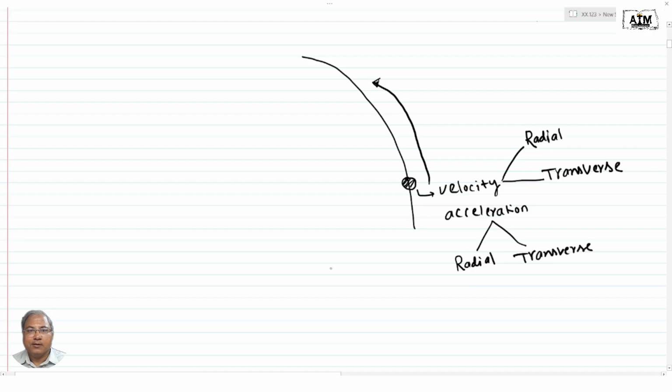So when a particle is moving along the curve, we need to calculate velocity and acceleration, and for both of them we need to find the radial as well as the transverse components. Today I am going to tell you the mathematical procedure to find the radial and transverse components of velocity and acceleration.